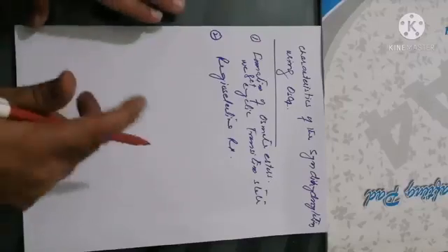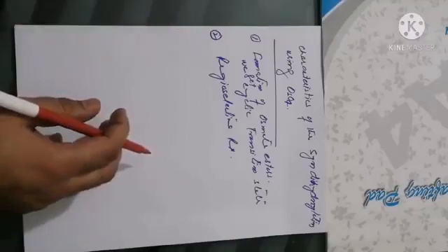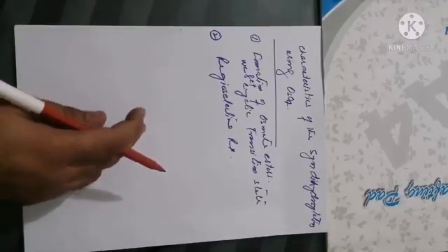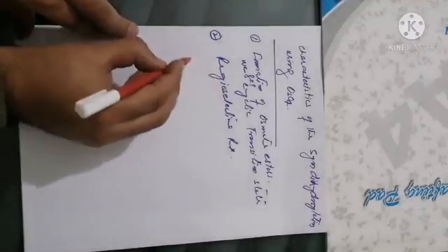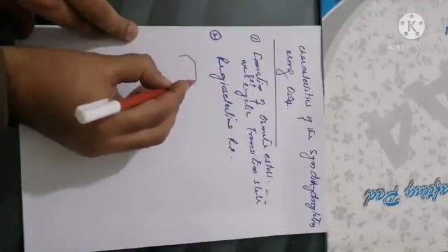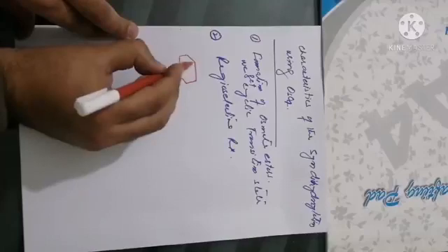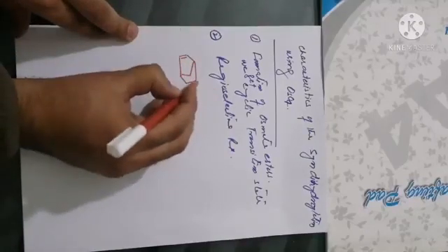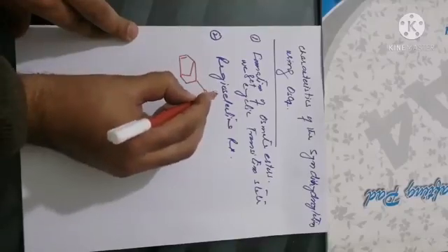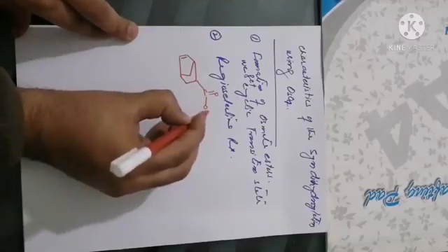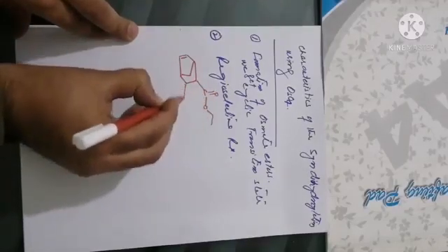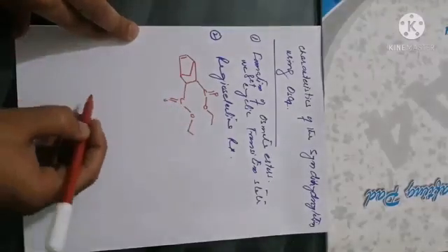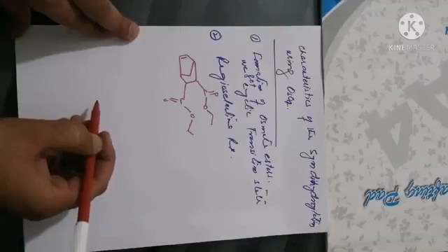So let's study an example where regioselectivity is occurring. This is the starting compound.